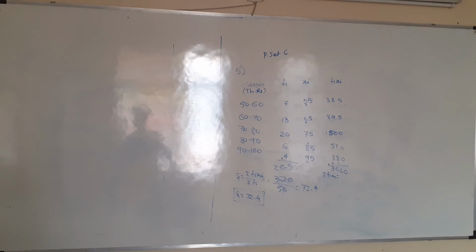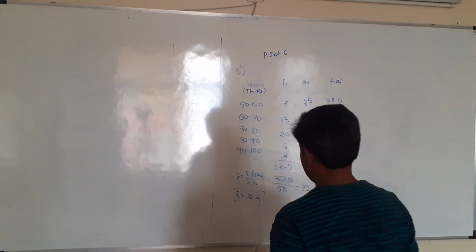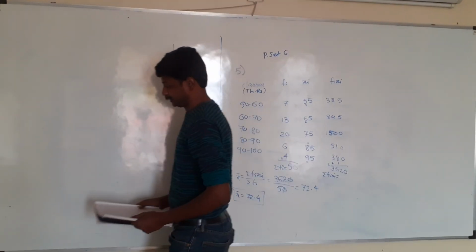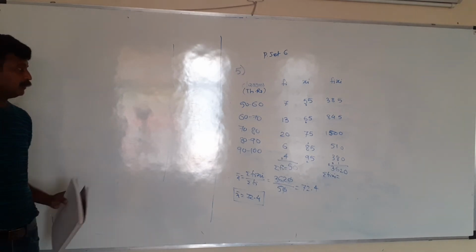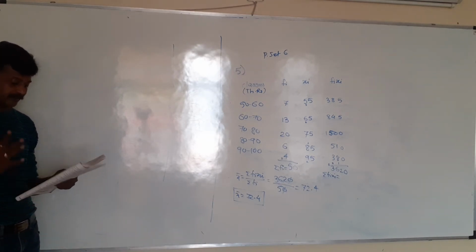It is mentioned in the question that the amount of aid is in 1000 rupees. So the final sentence will come, therefore the mean amount of aid is 72.4 thousand rupees. If we want to convert it into exact rupees, we need to multiply by 1000. 72.4 thousand rupees will be the solution for question number 5.